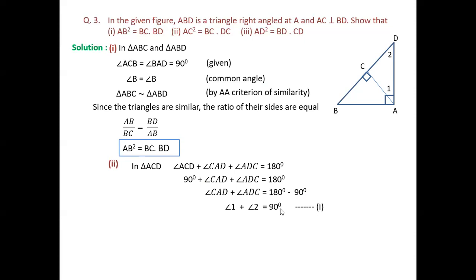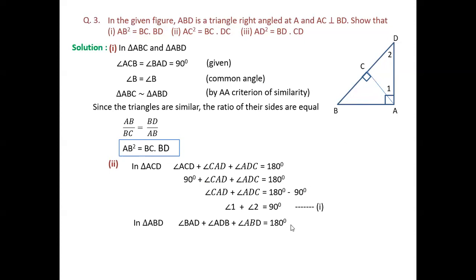Okay. Now, in triangle ABD, take the complete triangle. In this complete triangle, again, let's use the angle sum property. BAD, that is this angle, which is 90, plus ADB plus angle ABD is equal to 180.